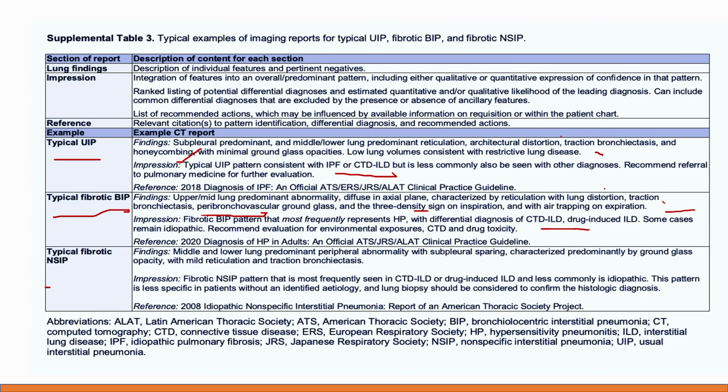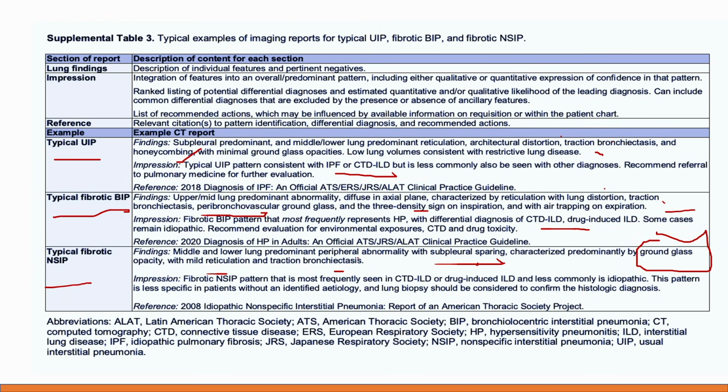The third is a typical fibrotic NSIP pattern, and how this becomes different is that here we have to mention how it has subpleural sparing. So here it will be middle and lower lung predominant, peripheral but subpleural sparing, predominantly characterized by ground glass opacities, which will not be there in your typical UIP. So, subpleural, ground glass, mild reticulation, and traction bronchiectasis, but no honeycombing here.